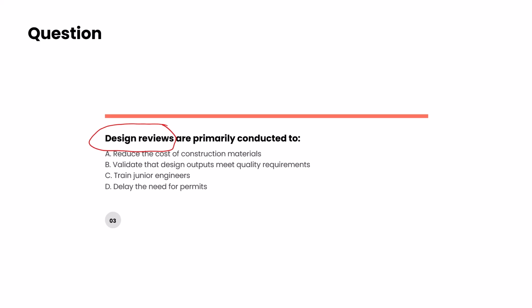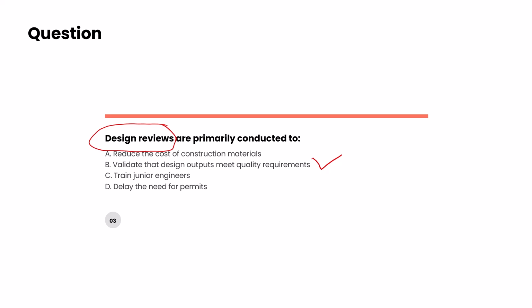Maybe, but it's not a very strong choice. Choice number B is validate that design output meets the quality requirements. That is basically a technical definition of design reviews. If you look at the definition of design review, it validates that the design output meets the input requirements. This is a very strong candidate.